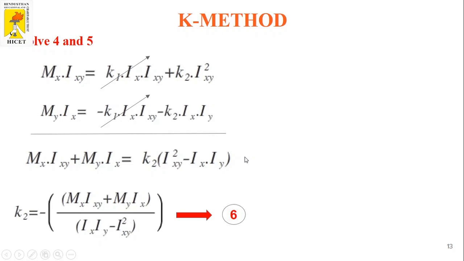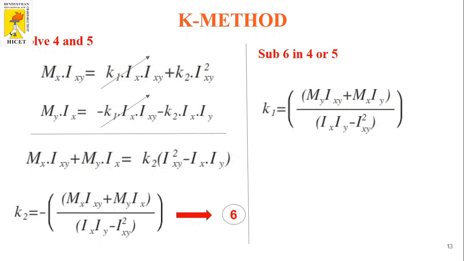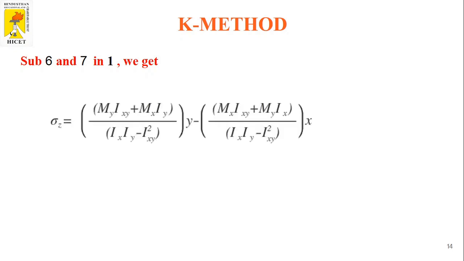You can take this as equation number 6. Now substitute 6 in equation 4 or 5 and you can get k1. k1 is equal to (My Ixy plus Mx Iy) divided by (Ix Iy minus Ixy square). This is equation number 7. Once you substitute k1 and k2 in equation 1, you can get the bending stress for unsymmetrical bending.